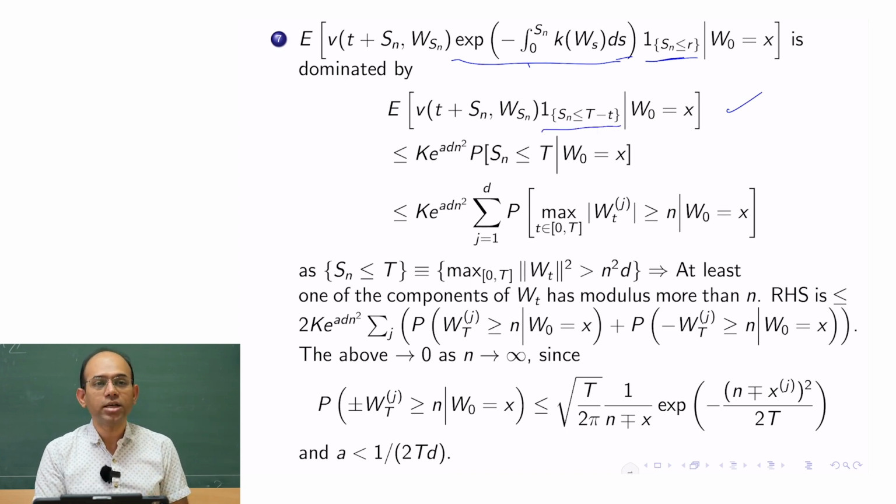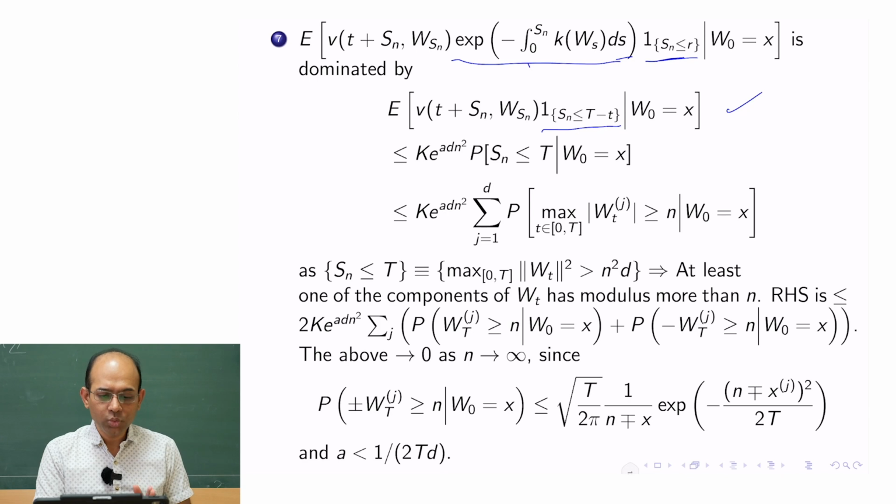Why is it so? Because r is smaller than capital T minus small t. So Sn less than or equal to capital T minus small t is a larger event, so the indicator function of this is a larger function. I mean, not strictly larger, but not smaller than this. So we are going to get this estimate.